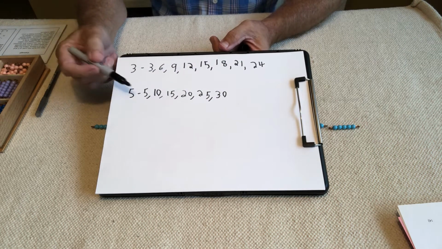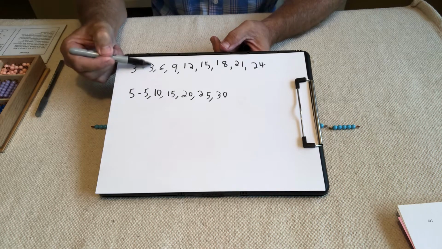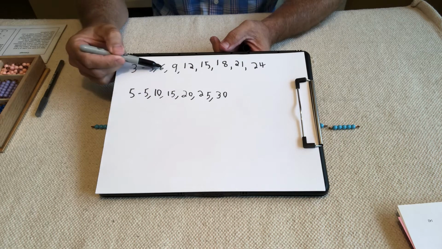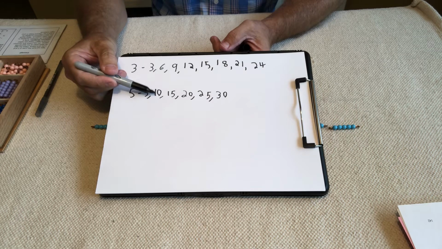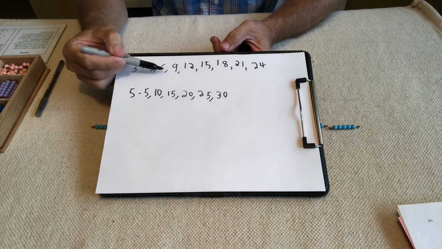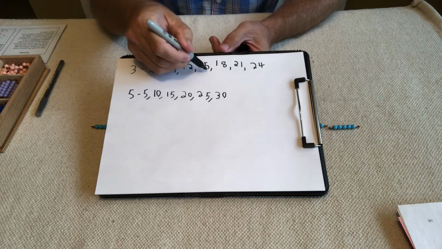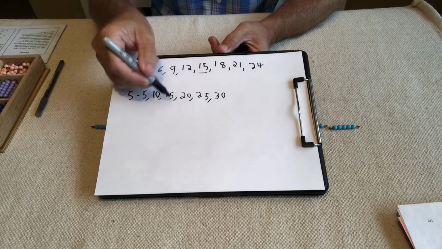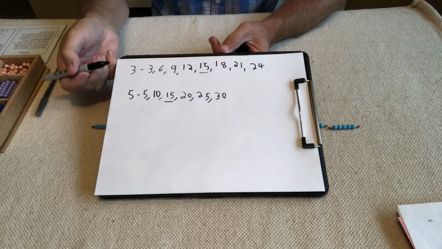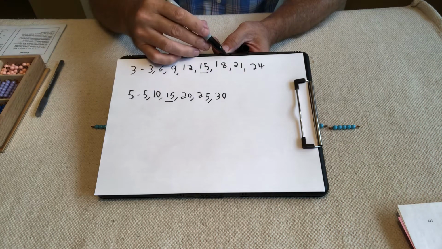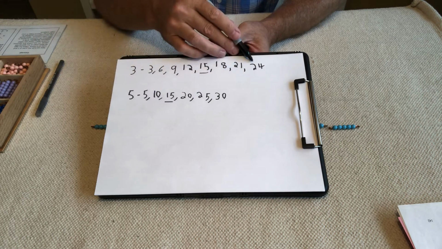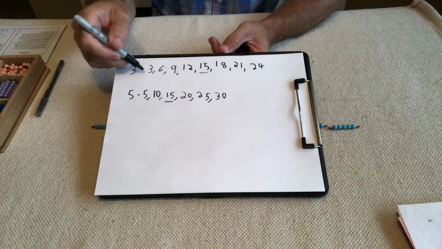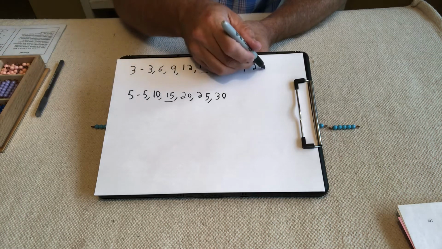So we're looking for ones that are common. I don't see a 5 up here or a 3 down here. I don't see a 6 up here or a 10, 9, no, 15. Oh, so there's one. 15 is a common multiple. 20, no, 25, no. Now if I went to 30, I know that I could keep going.